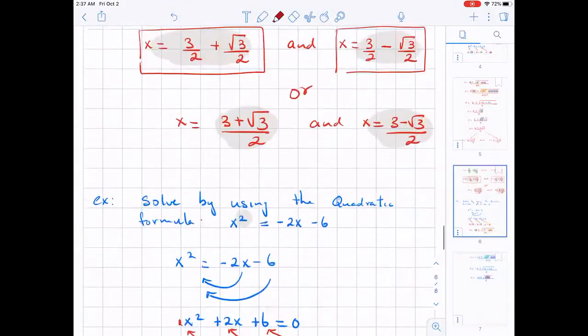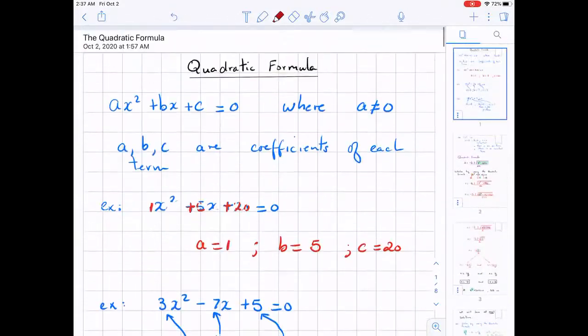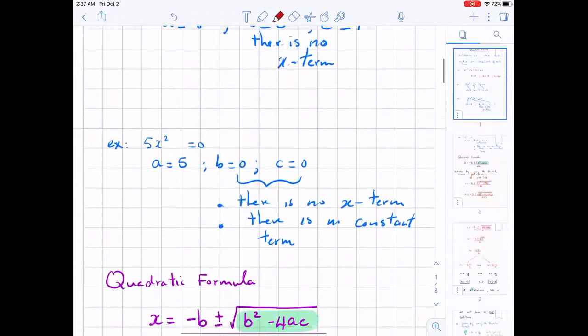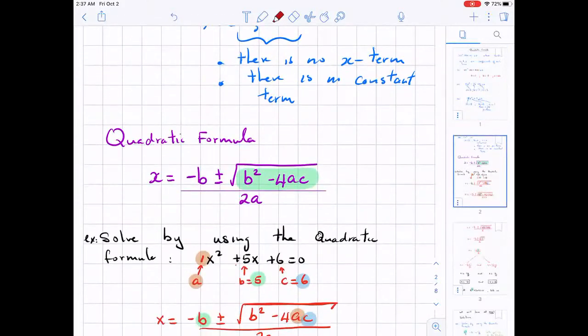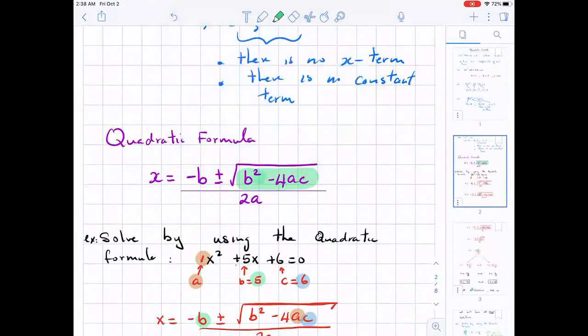So I think earlier I may have said over here, okay, so corrections, if I did, this here is called the discriminant, okay, the discriminant.